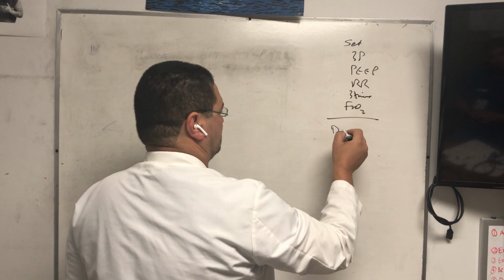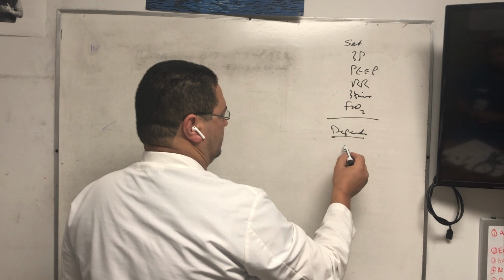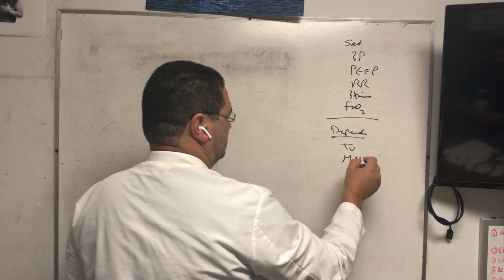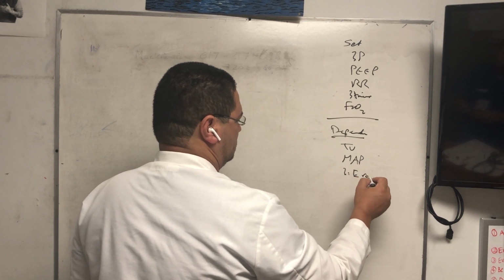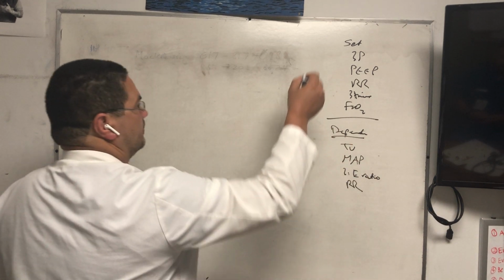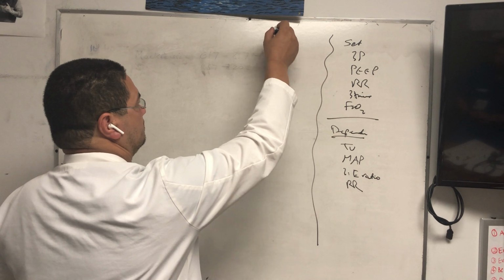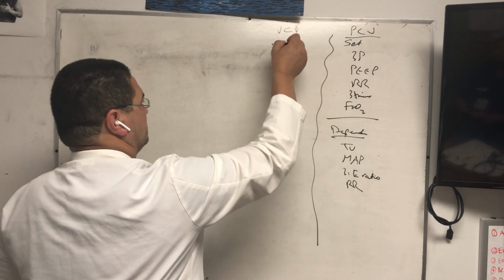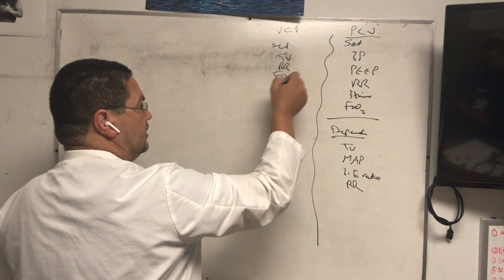And dependent parameters are tidal volume, mean airway pressure, I to E ratio, and respiratory rate. We also talked about volume control. Just also a reminder, set parameters are tidal volume, respiratory rate, FiO2, and PEEP.